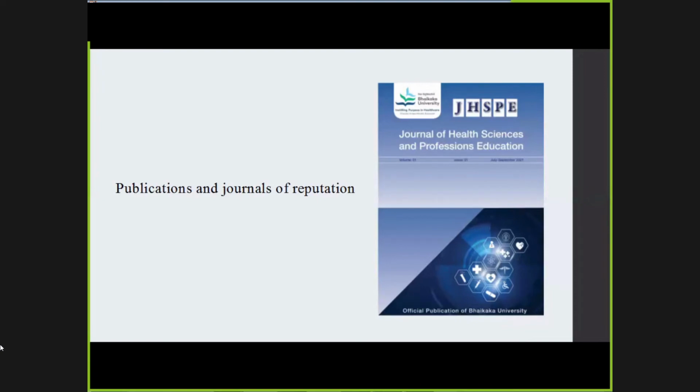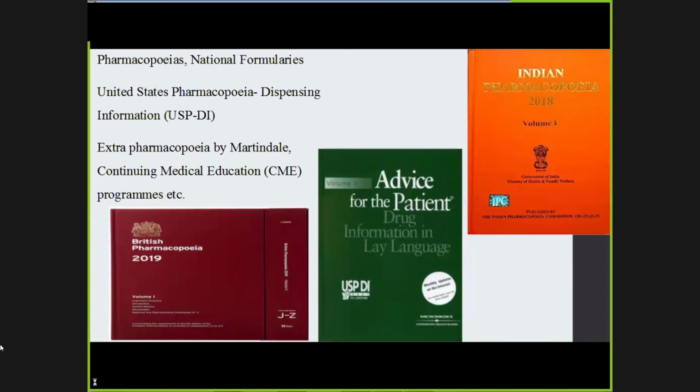Journals and publications will give you information regarding the research being undertaken, certain case reports, or you can review some meta-analyses. So for such authentic information, you can refer to some publications or journals.